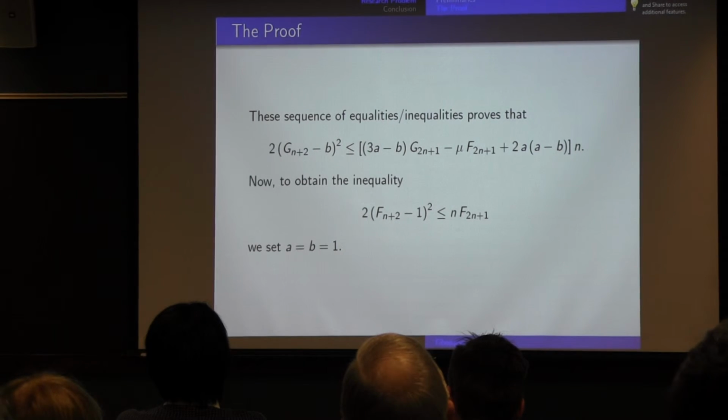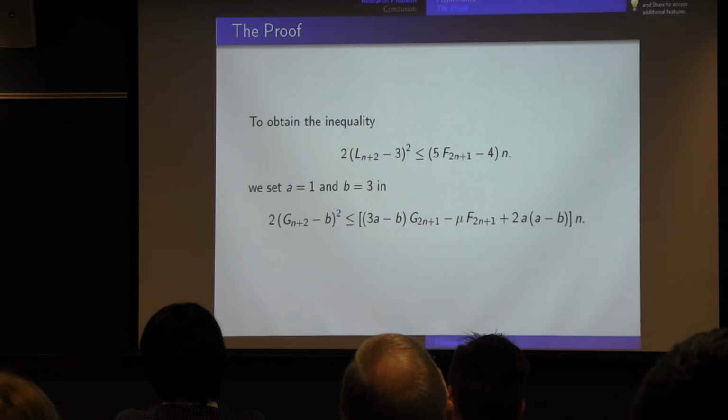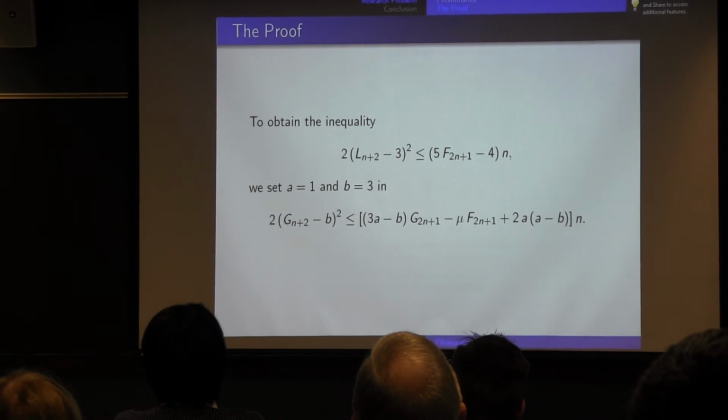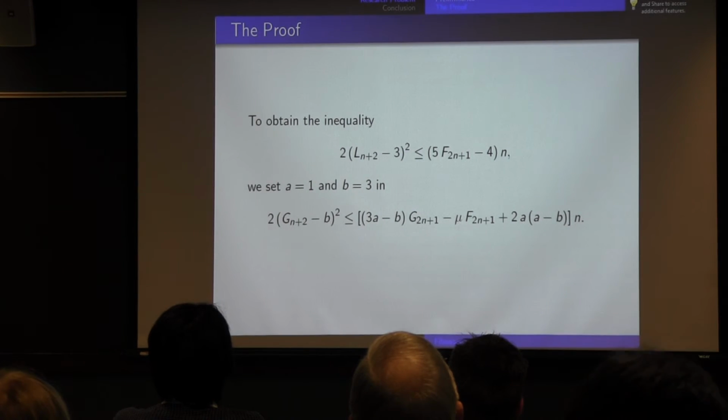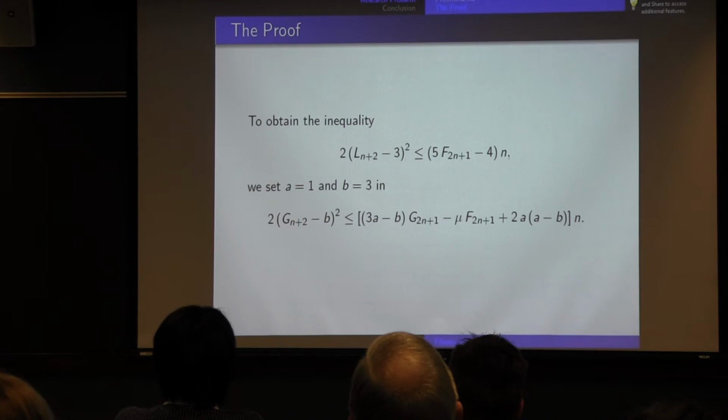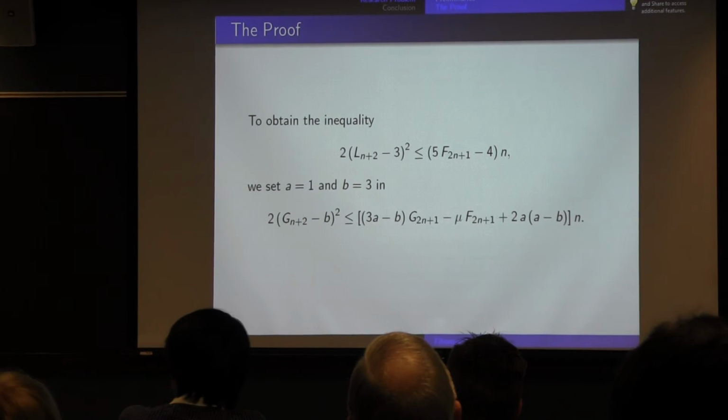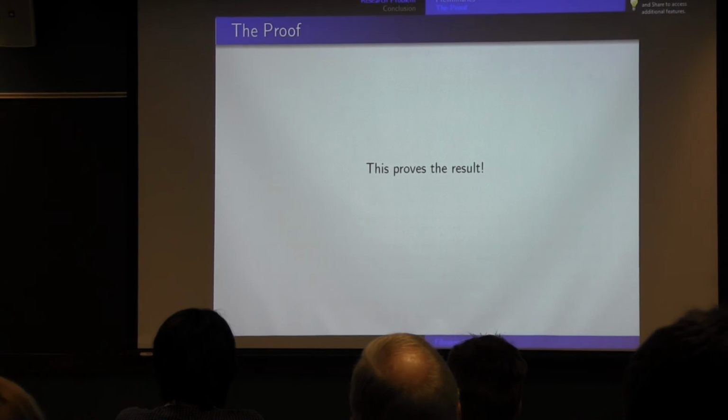If we set a equal to 1 and b equal to 1 in our generalized Fibonacci sequence, we will obtain that inequality. Then with the other one, which is 2 times the quantity L sub n plus 2 minus 3, squared, is less than or equal to 5 f sub 2n plus 1 minus 4 times n, if we set a equal to 1 and b equal to 3 in our generalized Fibonacci sequence, we will obtain that inequality. So this proved our result.